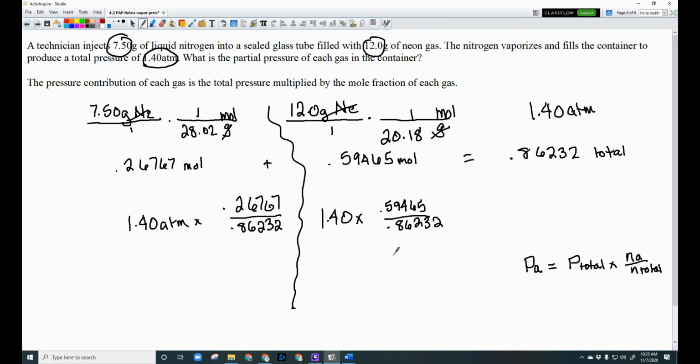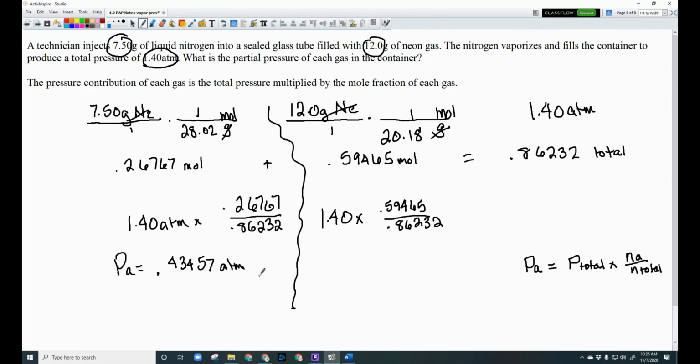So let's multiply both of these out. So 0.26767 divided by 0.86232 times 1.4. That's going to give us a partial pressure. I'm just going to write pressure A of 0.43457 atmospheres. Okay.